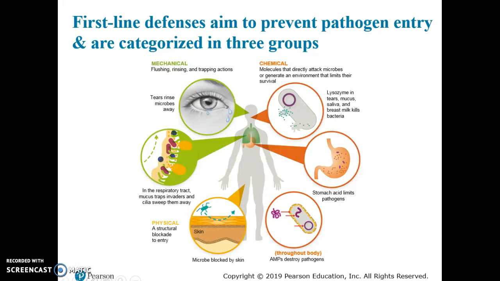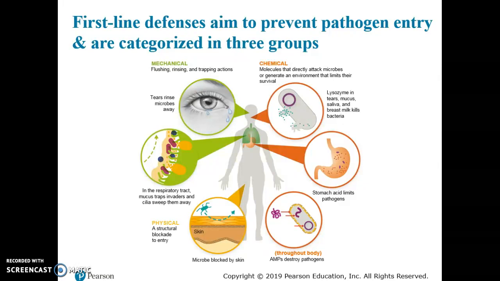The mucus traps invaders, makes it sticky, and then the cilia can beat in a systematic way to allow the mucus along with the bacteria, as you see here, to get moved out of the respiratory tract and keep the microbes from moving further down into the respiratory tract.